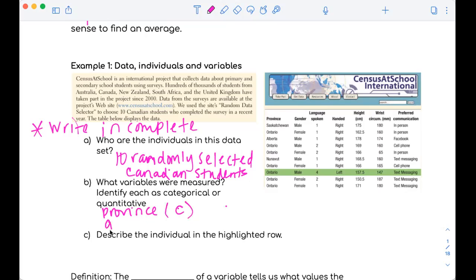Gender would be categorical. Language spoken, and that's the number of languages spoken. Because there isn't a language called one, the number of languages spoken is going to be quantitative, with a Q. Dominant hand is categorical.